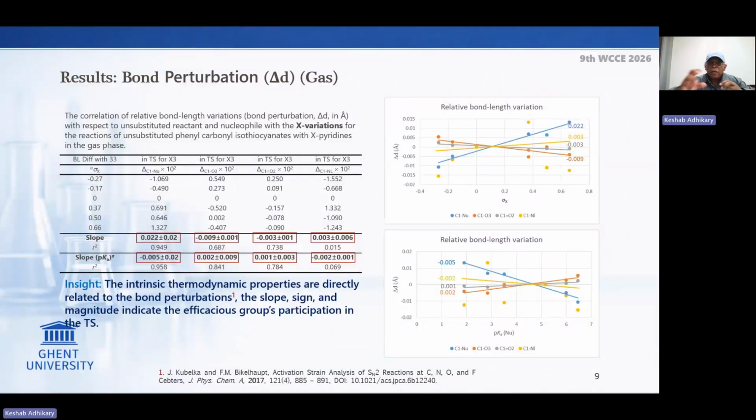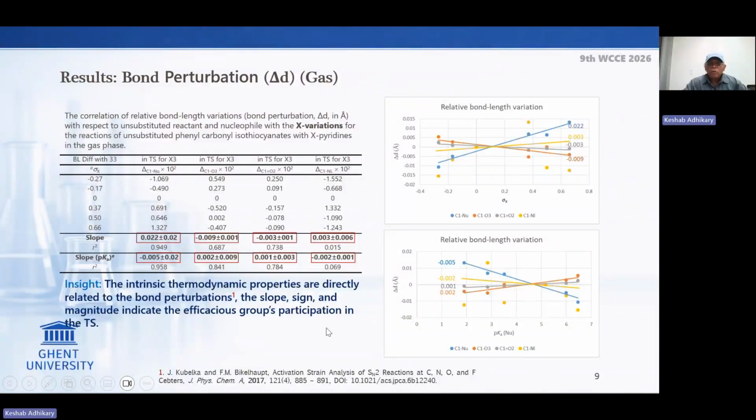We find the variation in the bond lengths of the carbon-nucleophilic nitrogen bond, the carbon-phenylic oxygen bond, the carbon-carbonyl oxygen bond, and the carbon-leaving group nitrogen bond. All those bonding differences in the TS we plot against the Hammett substituent constant and find the linear correlation.